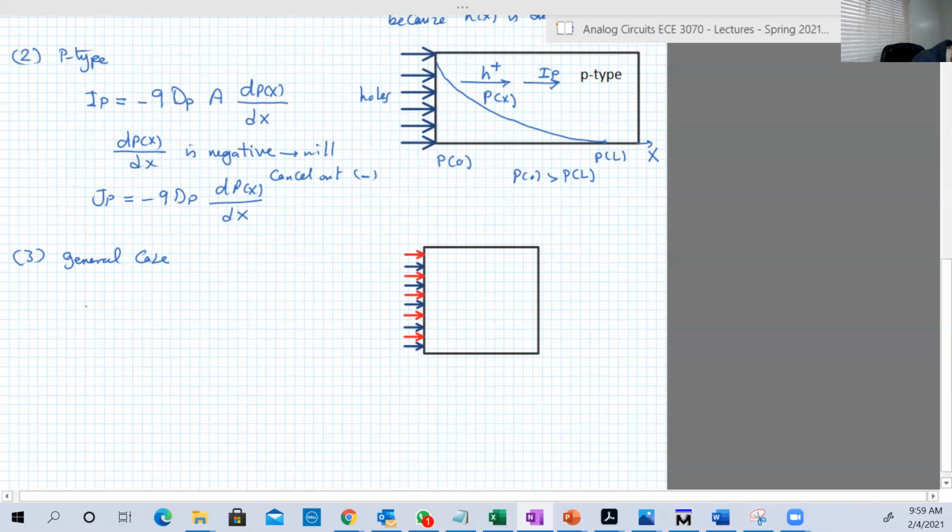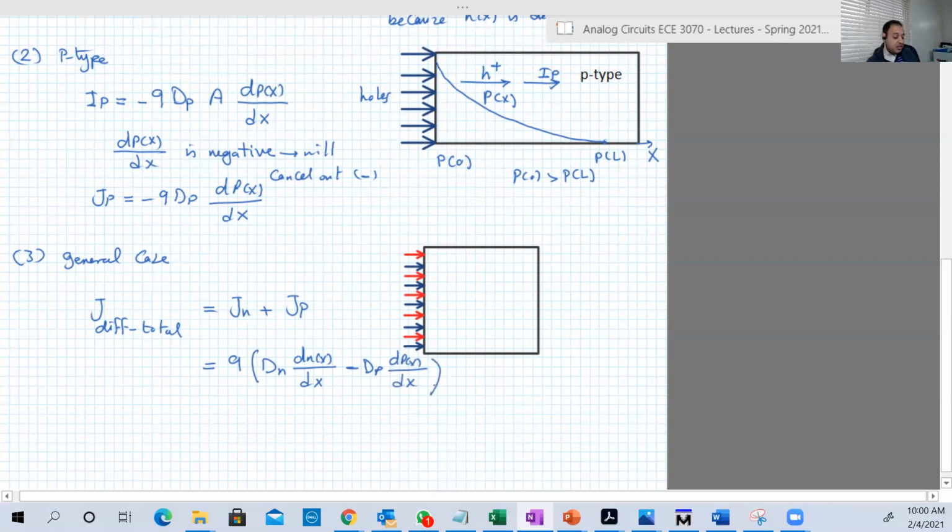So J diffusion total is equal to Jn plus Jb. So let's add them together. We can take the Q as a common factor. So we have here dn of x by dx minus dB of x by dx.